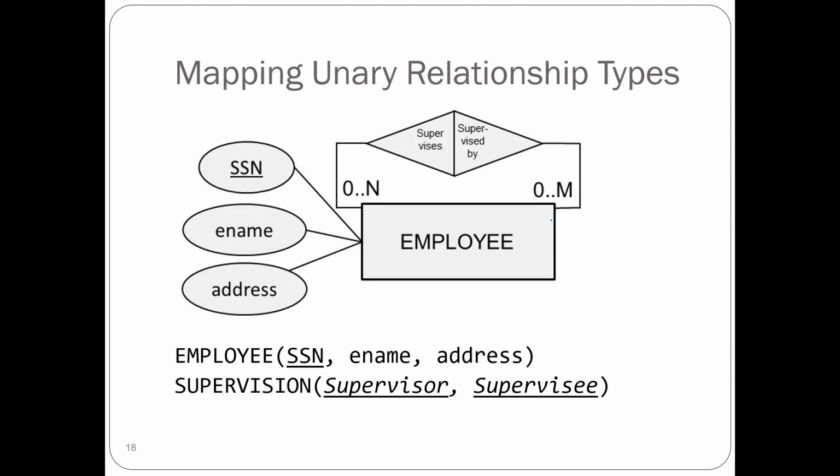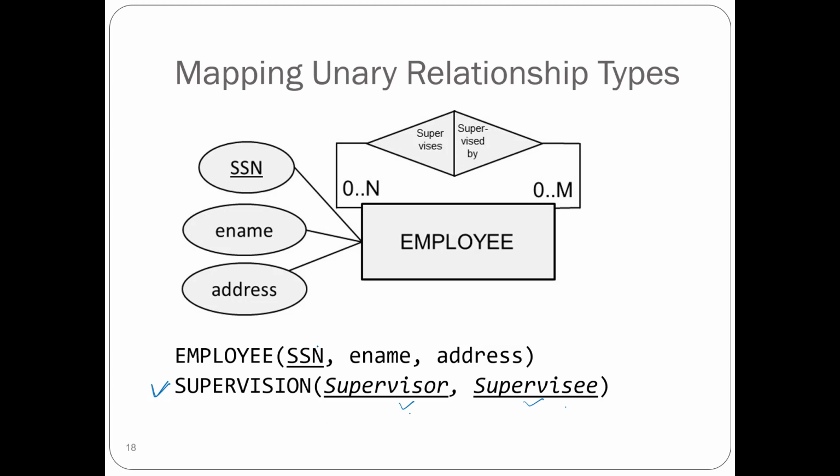If we have that kind of scenario, then we would need another relation like supervision. And for supervision, we will have the foreign keys of the supervisor as well as the supervisee. Supervisee is a person who's being supervised, and supervisor is the boss who's supervising the supervisee.